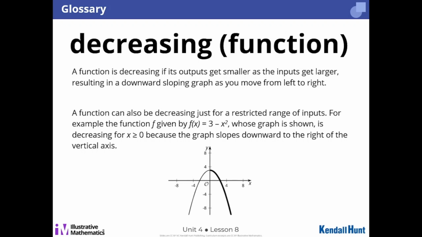At the bottom, you can see an example where they give us a function, and you notice that the right side of the parabola is bolded, and that's because for that domain, you can see the y value is decreasing as we go left to right. That means for that part of the graph, it is a decreasing function.